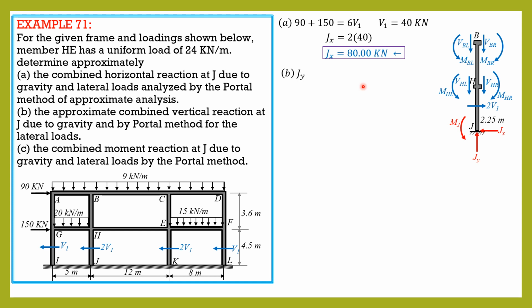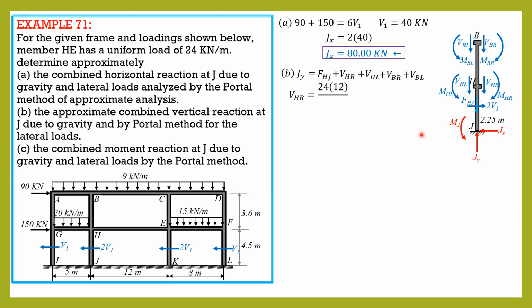Then for Jy, summation of forces in y equals, we have F of HJ. Let's assume it is compression or downward, as shown, plus VHR plus VH left plus VBR plus VB left. Actually, we can solve this shear left and right of these joints.